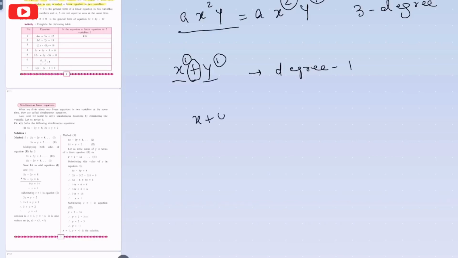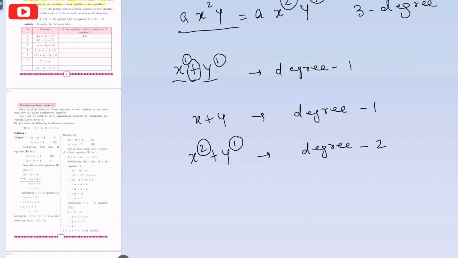So x plus y has degree 1. Now if I write x square plus y, the index of x is 2, the index of y is 1, maximum is 2. So the degree of x square plus y is 2.